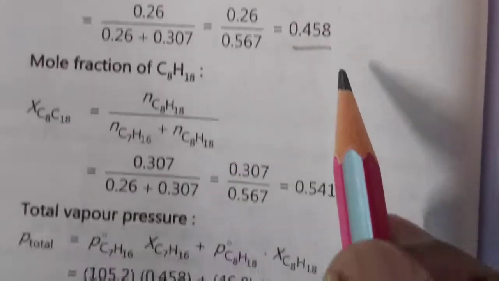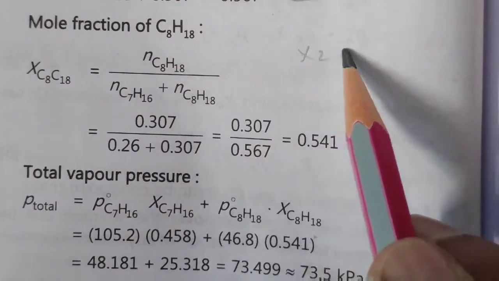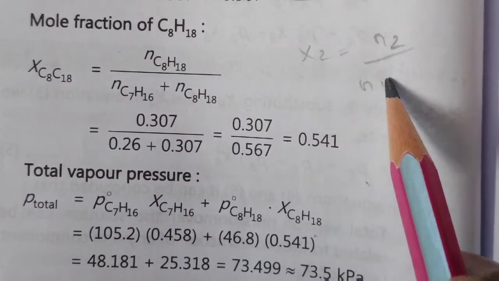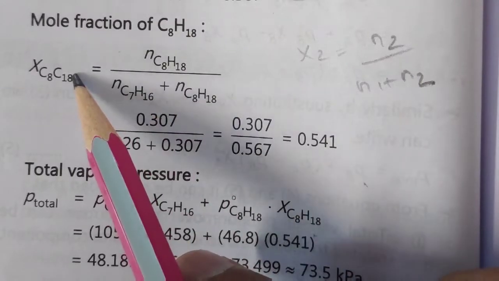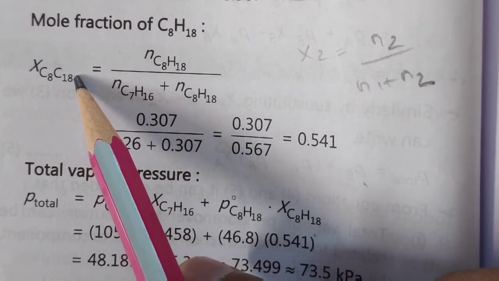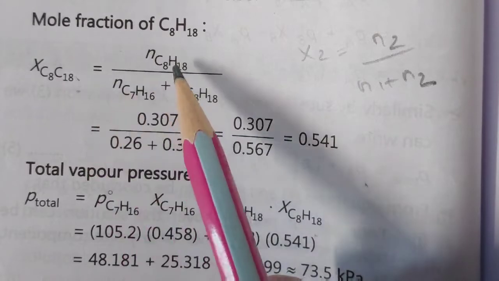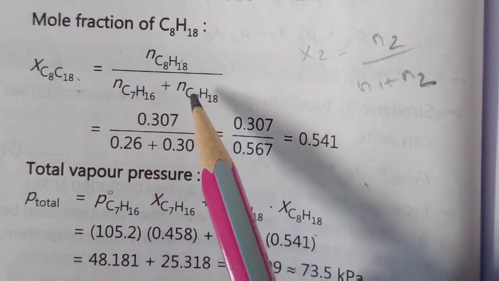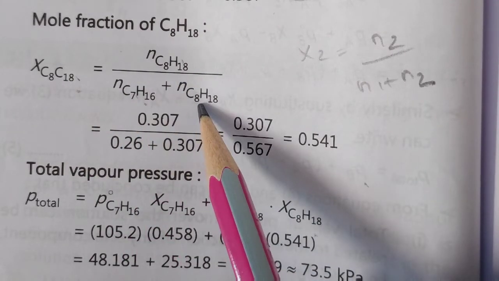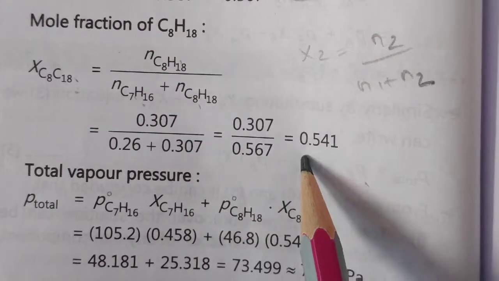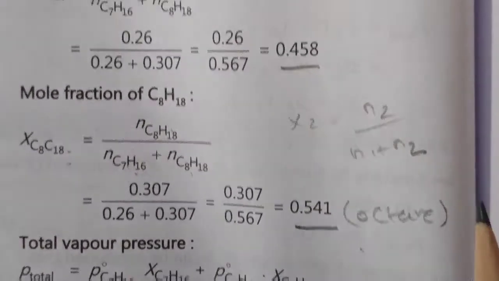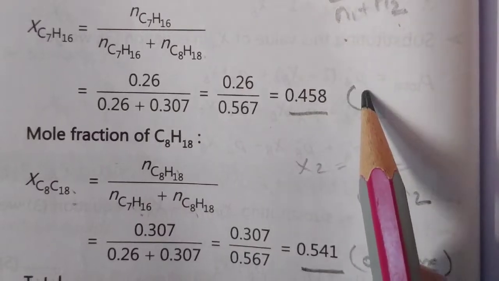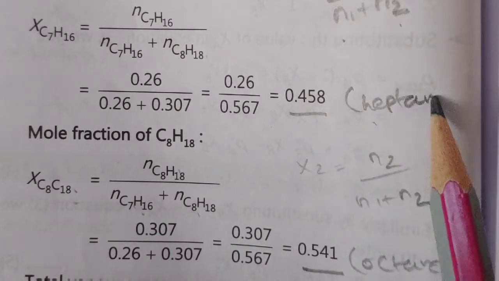In the same way, x2 is equal to n2 upon n1 plus n2, that is the mole fraction of octane, moles of octane upon moles of heptane plus octane. So you get the mole fractions of octane and of heptane.